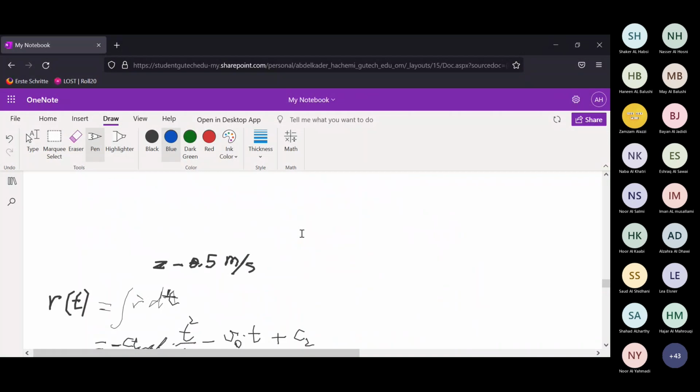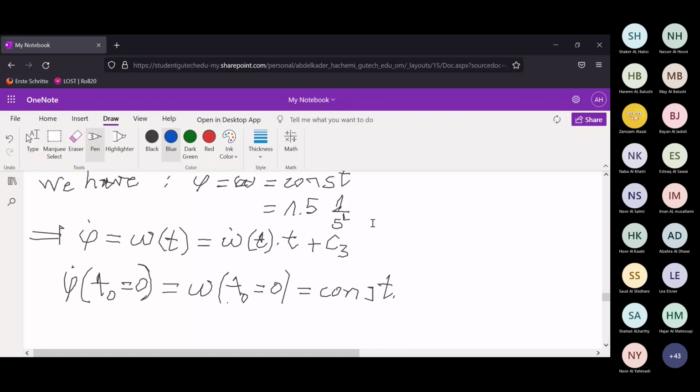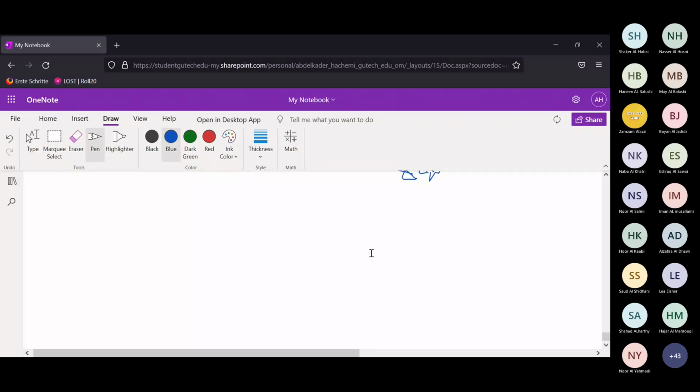It's opposite to the e phi direction. Okay, this is for the second exercise.